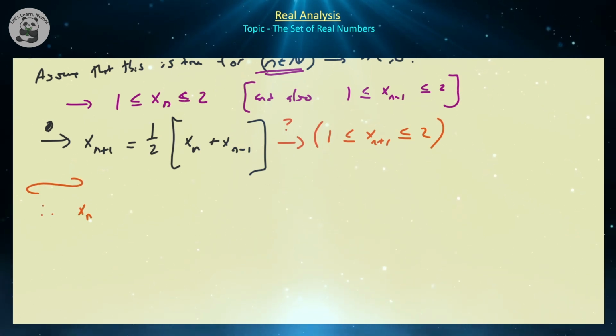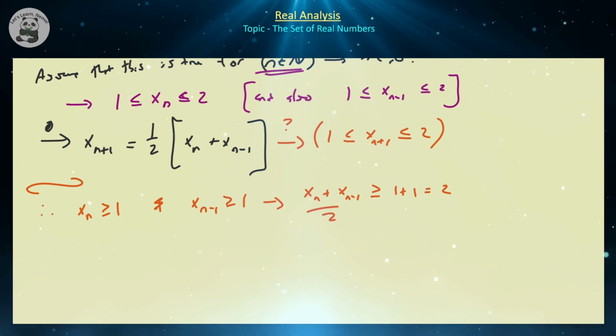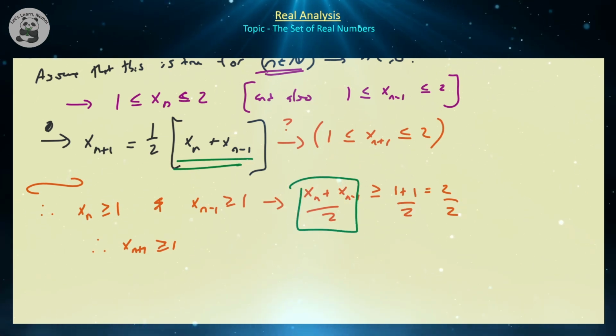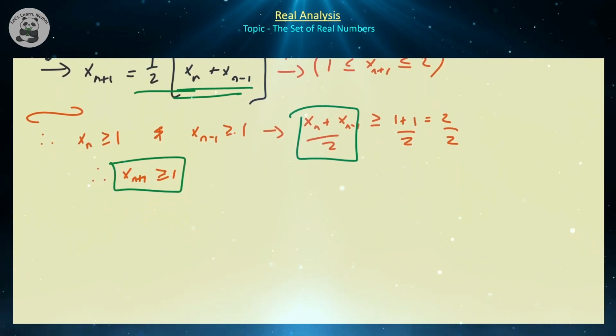Firstly, we know that x_n is bigger than or equal to 1, and we know that x_{n-1} is also bigger than or equal to 1, which means that if we take these two numbers, x_n and x_{n-1}, that's going to be bigger than or equal to 1 plus 1, which is equal to 2, and I can divide both sides of this inequality by 2, and I have that x_{n+1} is bigger than or equal to 1, because that is indeed the average of those two terms. So we have that x_{n+1} is bigger than or equal to 1.